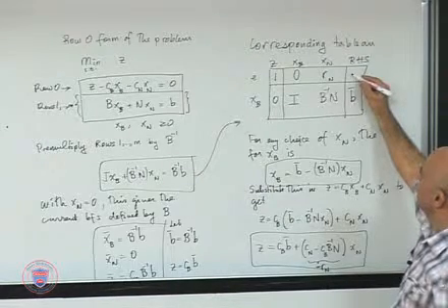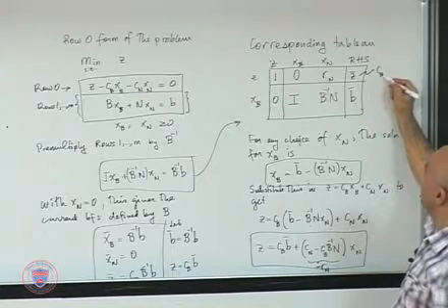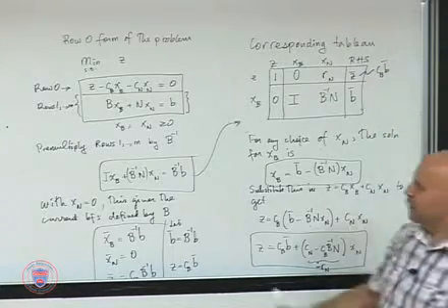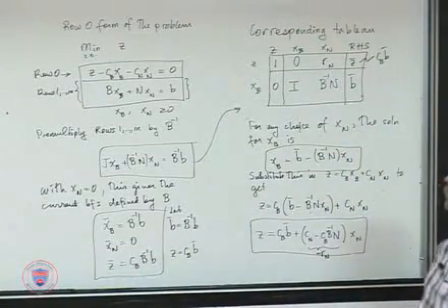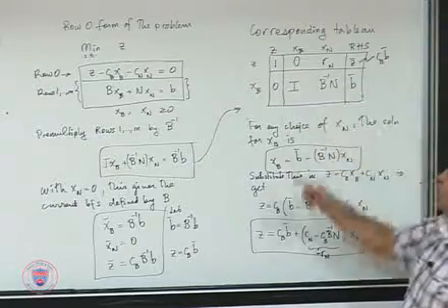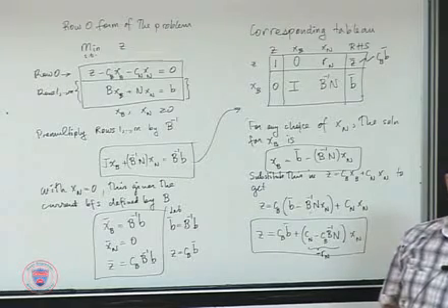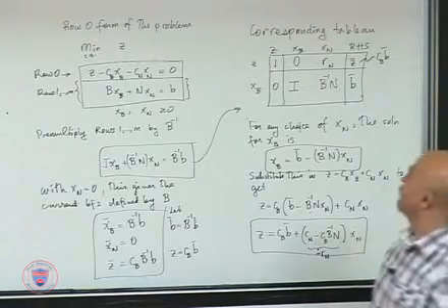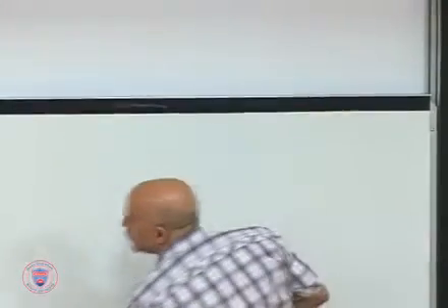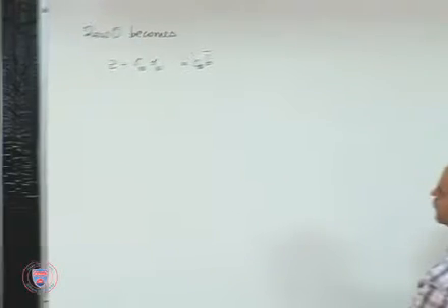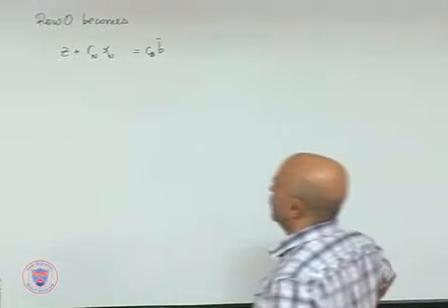You've got z bar, because that's your cb b bar. That's my z bar here. So this part came only after I figured out what row 0 ought to be. All right, so we've got this for row 0.